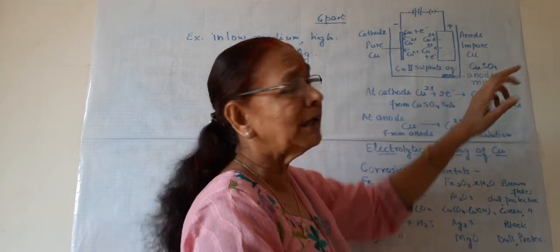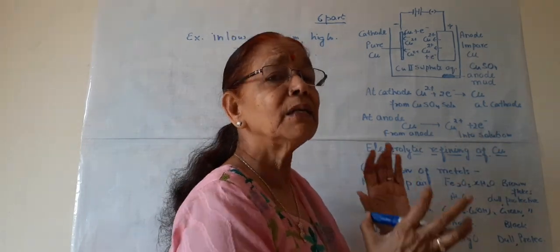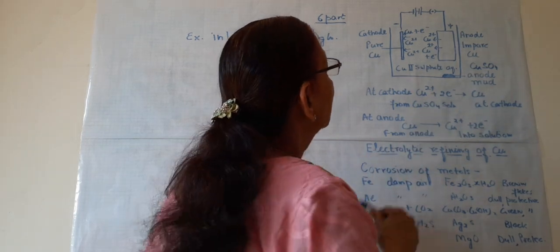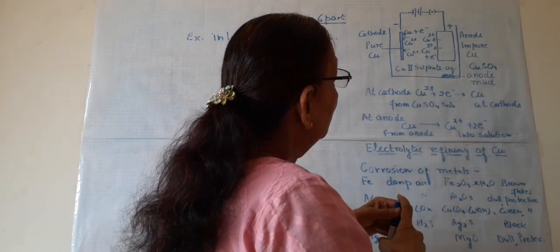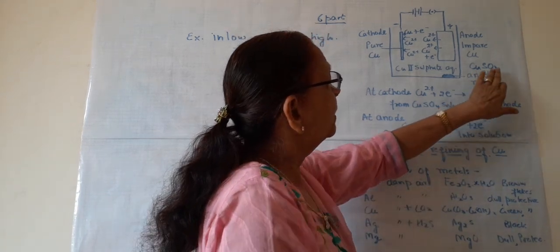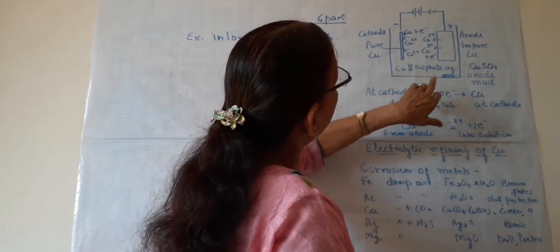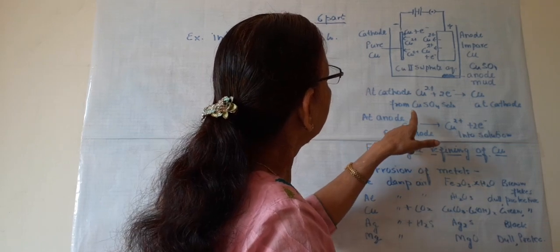So copper and sulfate become separated when electricity is passed. This is the cell and electricity is passing. This is the negative end.